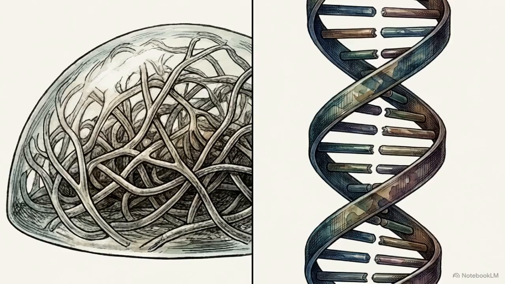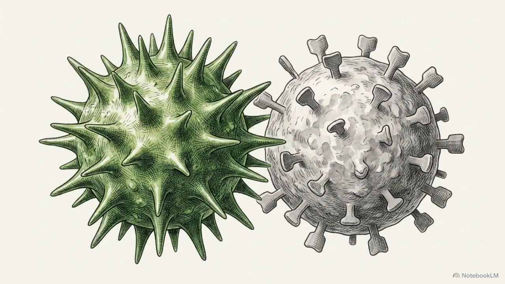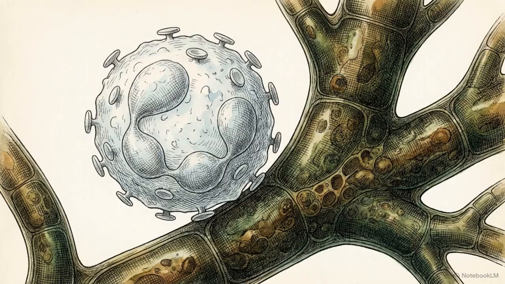The pathogen is highly adapted, but host genetics also dictate the severity of the invasion. Single nucleotide polymorphisms in the dectin-1 gene make certain patients highly susceptible to this specific organism. This genetic mutation sharply reduces the host's ability to detect fungal beta-glucans. Without that detection pathway, the host immune system is essentially blinded to the growing invasion.